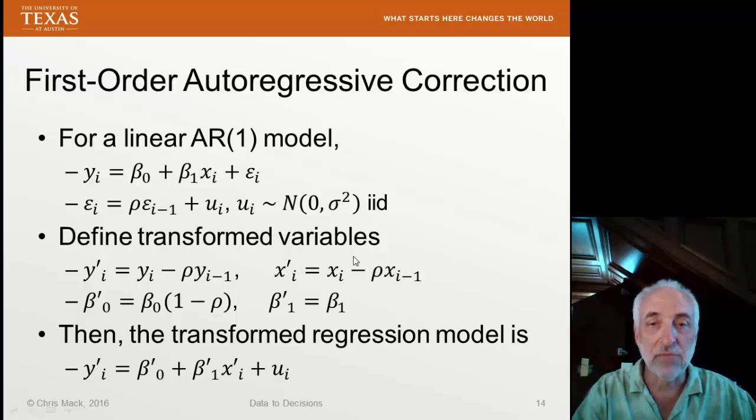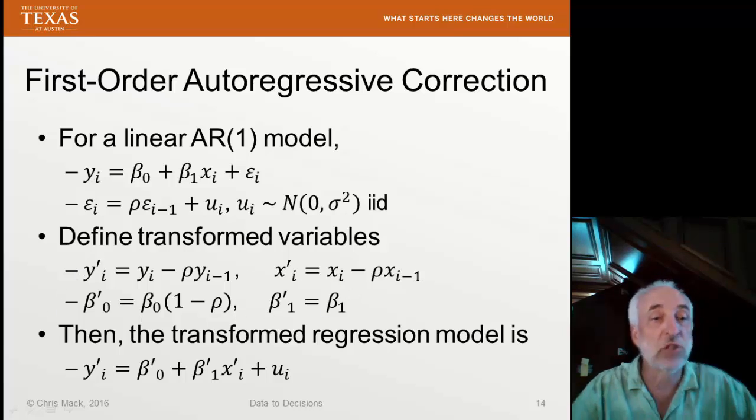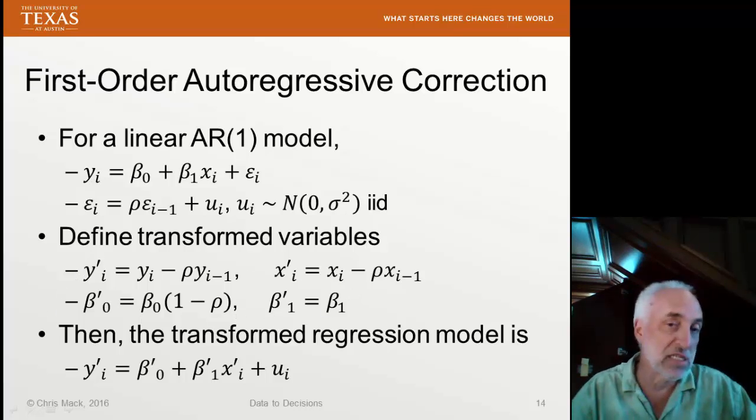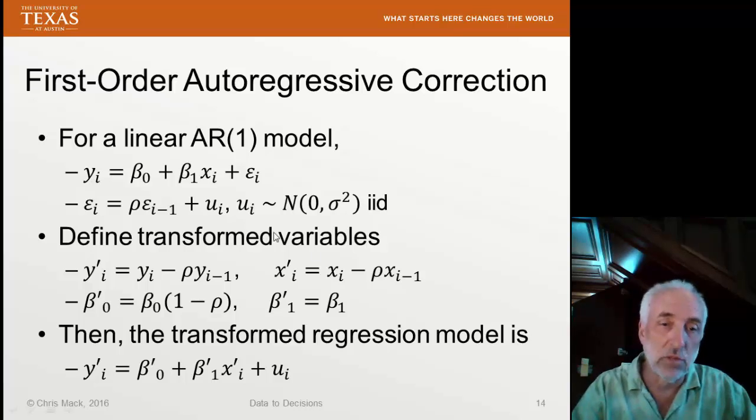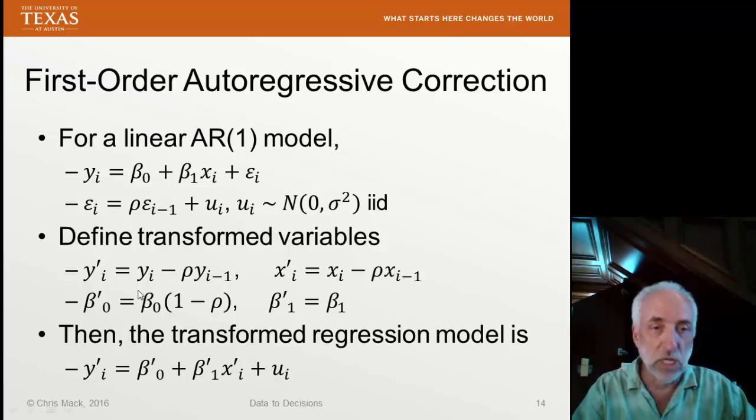Xi prime is xi minus rho times the previous xi. Once we've transformed these variables, we can show that we're also transforming the slope and the intercept. In fact, the slope remains the same. It doesn't change the slope at all, but it will change the intercept by an offset amount, 1 minus rho.